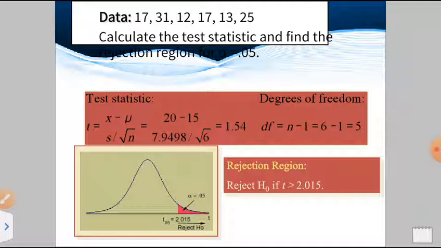So here the rejection region is: we have to reject H0 if t is greater than 2.015, which is the value of t at 5% level of significance and 5 degrees of freedom. So either the value will be given or we have to obtain it. This is the standard value. Now the value we are getting is 1.54.